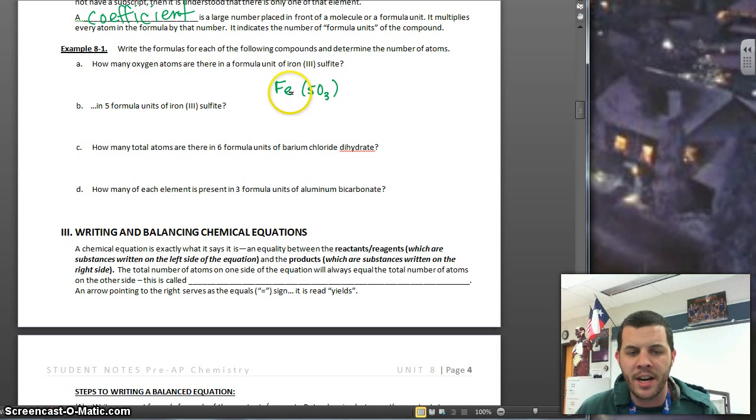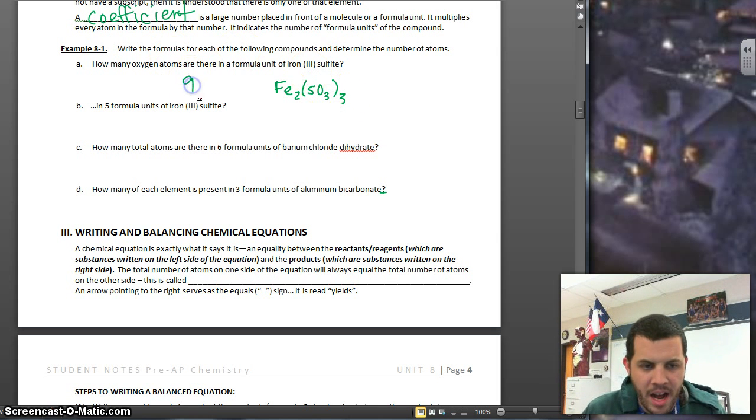Since iron has a +3 charge, I know that from the Roman numeral, and SO3 has a -2 charge, I know that I need 2 of these and 3 of these. So this would be my formula for iron(III) sulfite. I want to know how many oxygen atoms there are. I've got 3 oxygen atoms here, and I've got 3 of those polyatomic ions, so that means I've got a total of 9 oxygens.